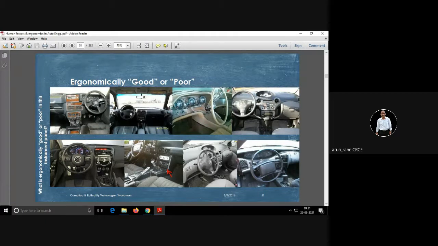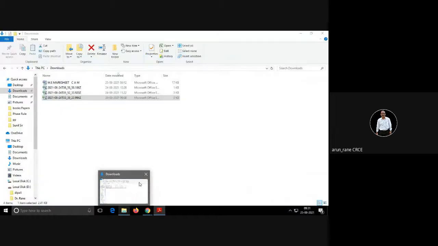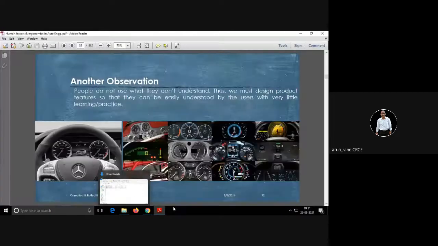What is a poor design? This is a very poor design. This is for the left and right. So how the good design and the bad design should be. These are some examples, and this is another observation.